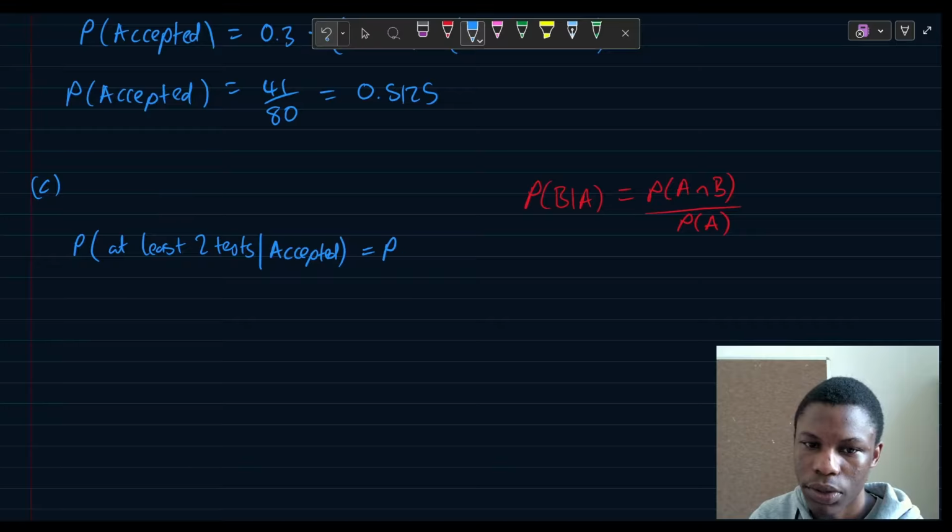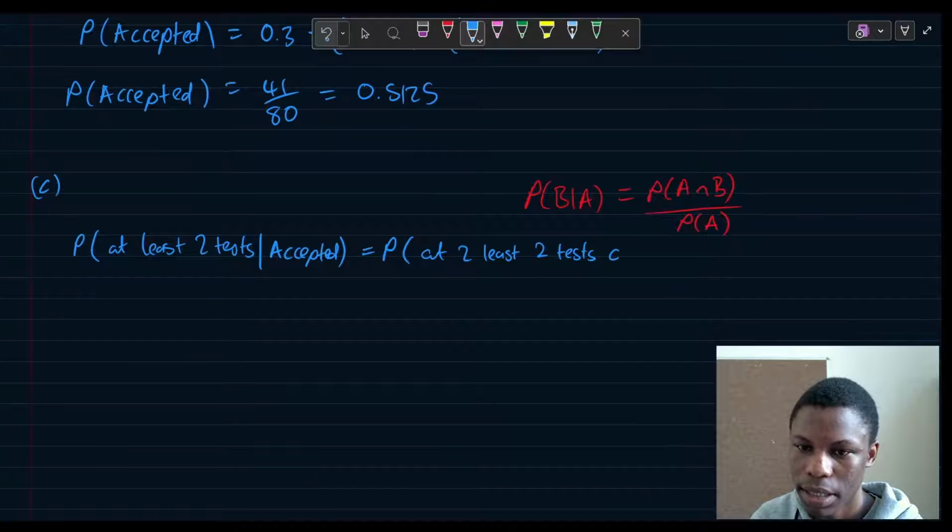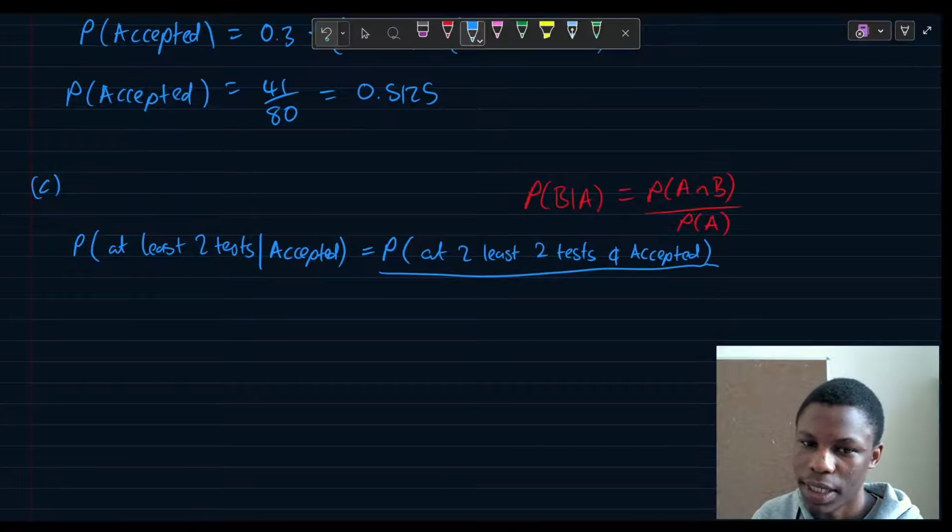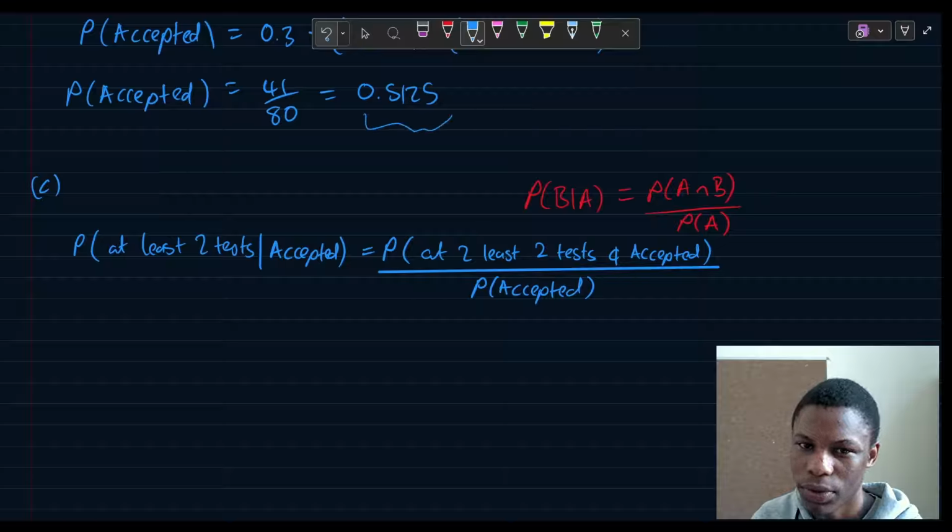So this is equal to the probability of the intersection, meaning they take at least 2 tests and are accepted, divided by the probability of the given event of being accepted. The probability of being accepted we already calculated in part B, so that's fine.